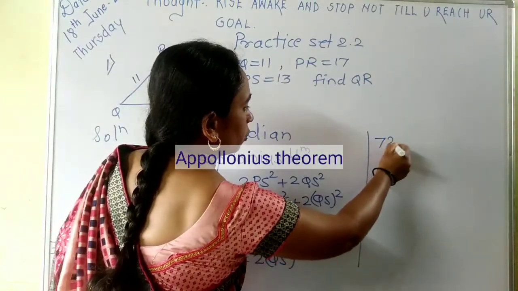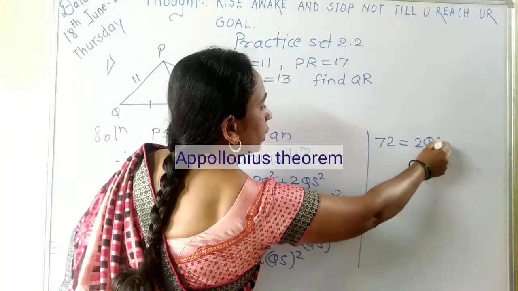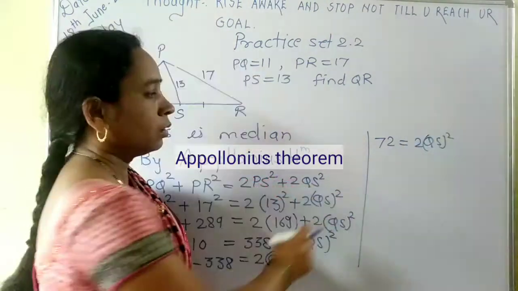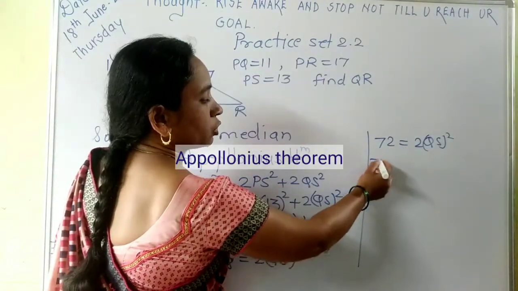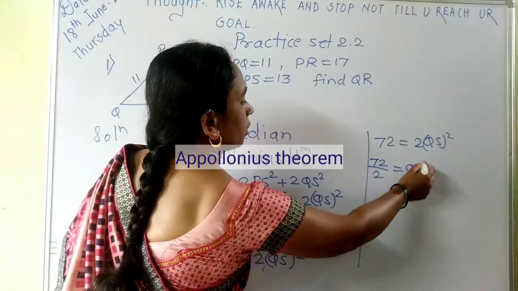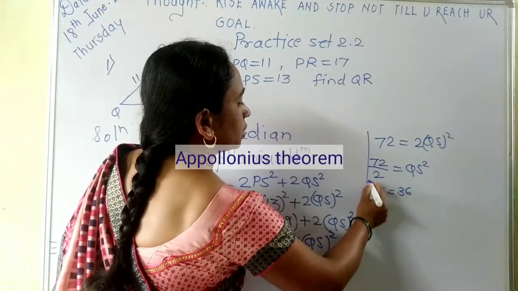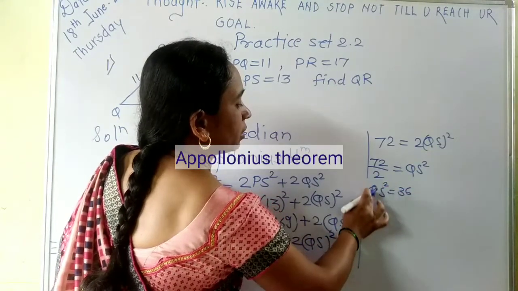So 72 is equal to 2 into QS square. 2 transfers here, so 72 divided by 2 is equal to QS square. That means QS square you will get 36.